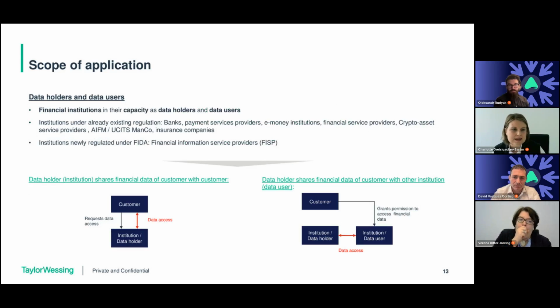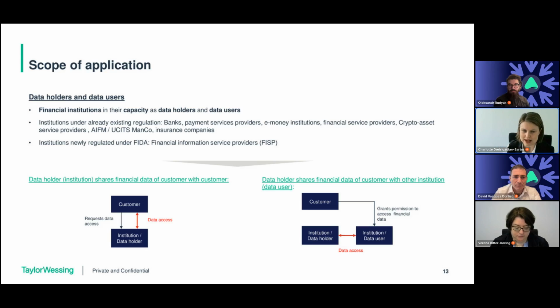The second part of the scope of application are the addressees of FIDA. FIDA applies to all kinds of institutions, for example, credit institutions, financial service providers, crypto providers, and also to insurance companies.